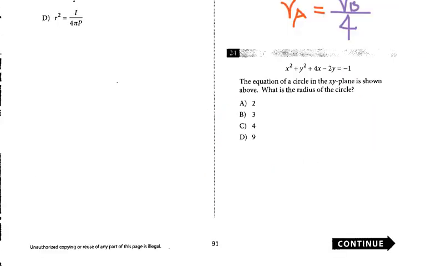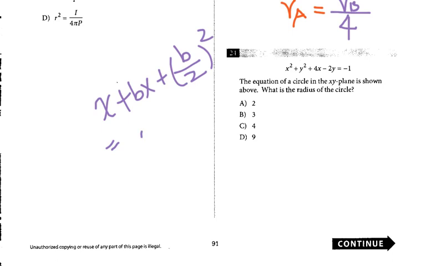For 24, it's completing the square. We know that it's x squared plus bx plus (b over 2) squared. Then I can get x, sometimes it's minus, so we do plus or minus (b over 2) squared.